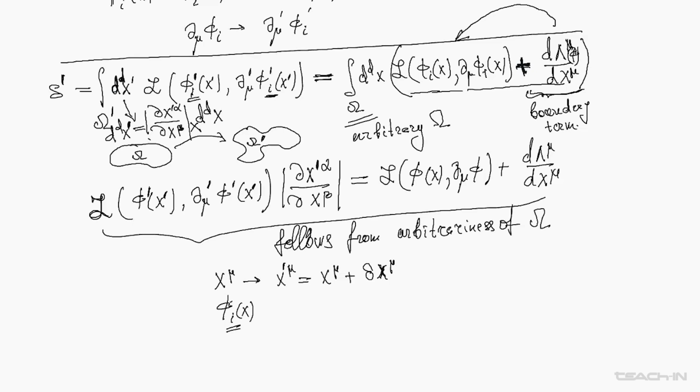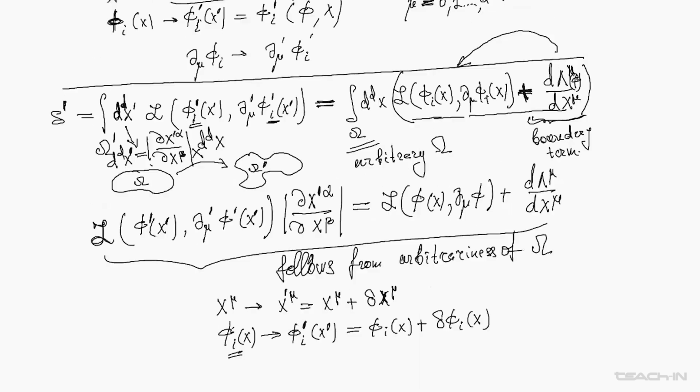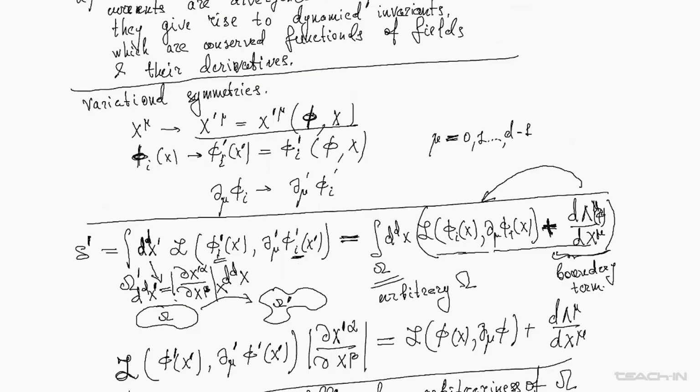Phi I goes to phi I prime on x prime, which is the old field phi I on x plus a variation delta phi I on x. And again, this addition to phi I is an infinitesimal version of the global transformation law here.